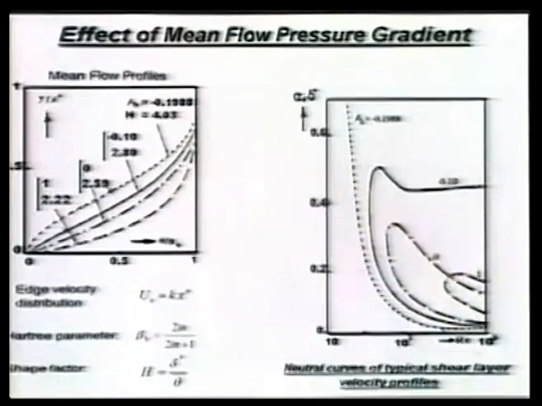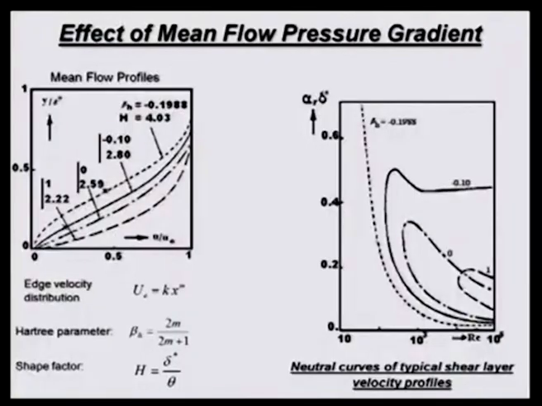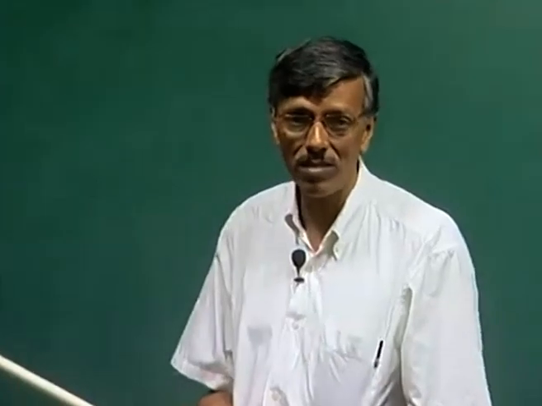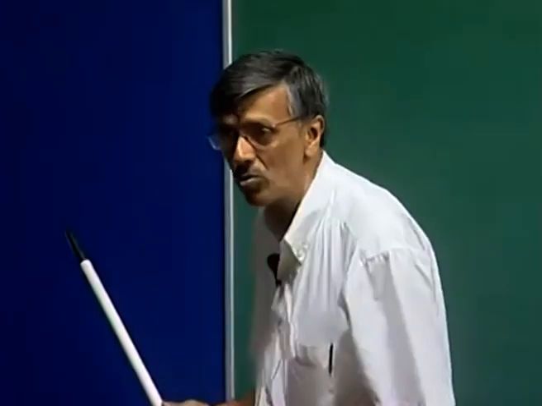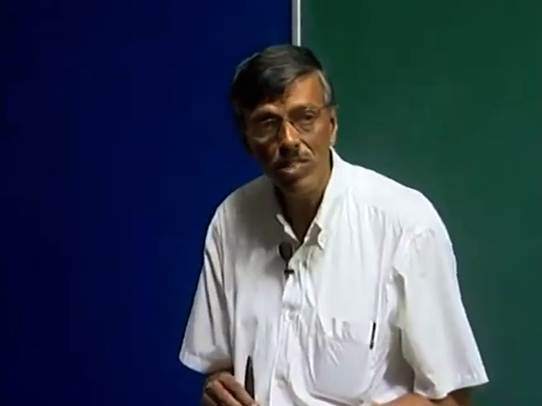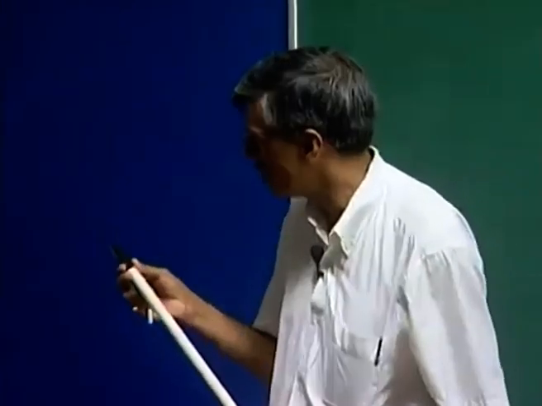Beta h negative means the flow is decelerating. Okay. And if the flow decelerates, what happens is you do get an inflection point. Remember, we talked about Rayleigh's theorem. We said that if we have an inflection point, those flows are unstable to inviscid mechanism.